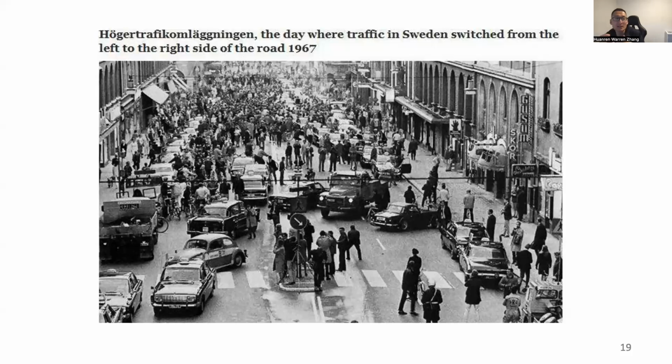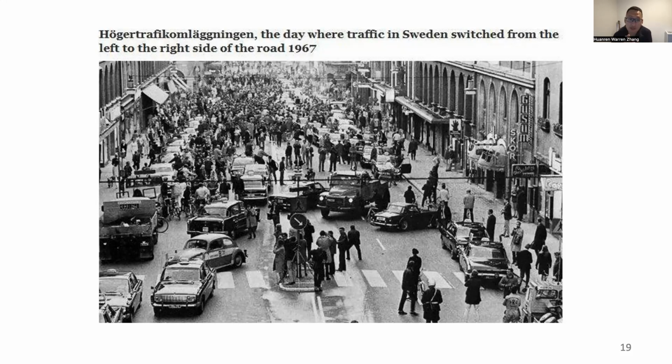Sometimes we do see that laws try to override the convention. But the power of convention is so strong that when there's a conflict between the formal legal system, what is dictated by law, and what is prescribed by social norms, the norms sometimes could win, right?